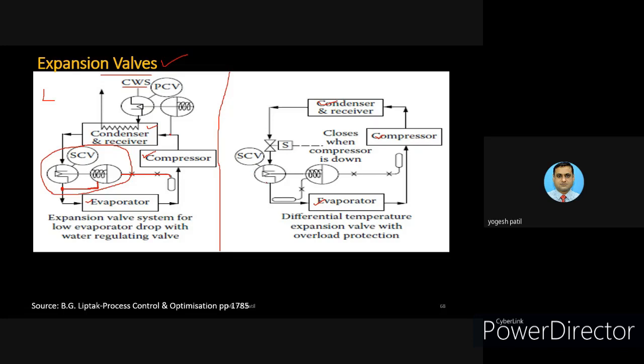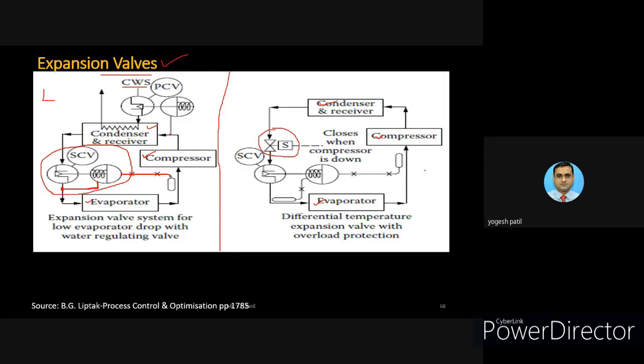Along with this expansion valve, you can see there is one more valve placed over here, an additional valve. This additional solenoid valve can be opened or closed. When the compressor is turned off, this valve gets activated, and it is connected before the expansion valve.